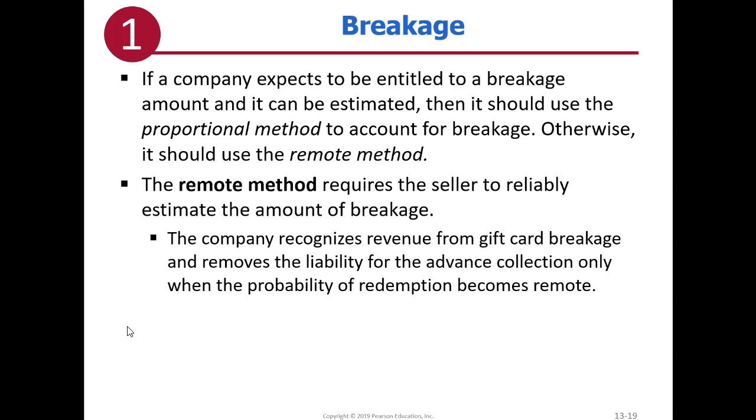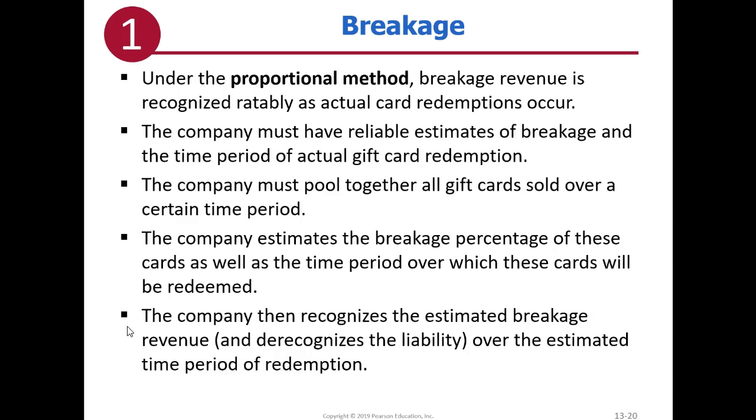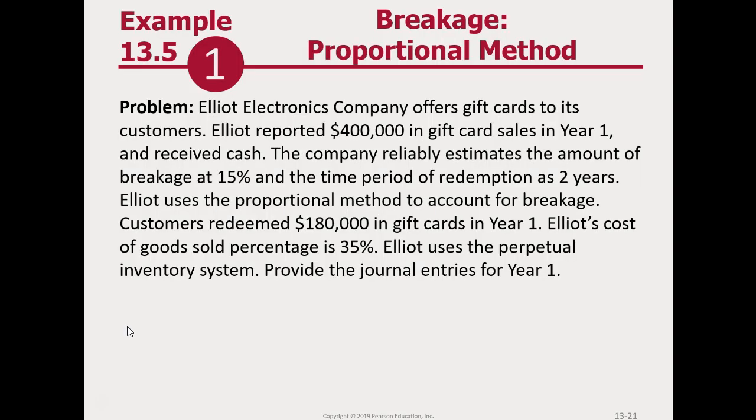Under the proportional method, things are a little different. Breakage is recognized ratably as the actual card redemptions occur. So let's take a look at this with an example. We've got Elliott Electronics and $400,000 in gift sales in the first year. Breakage is estimated at 15%, so this is something they've figured out over time, and they used the proportional method.